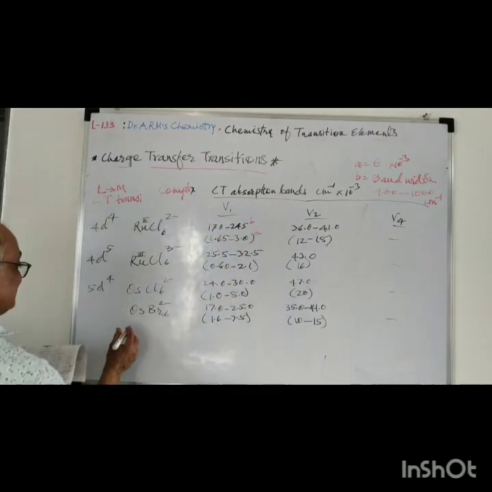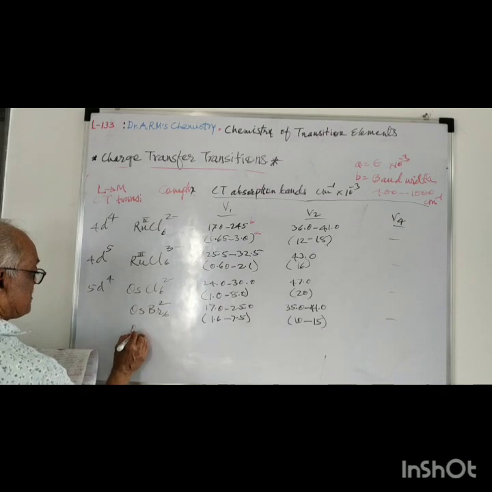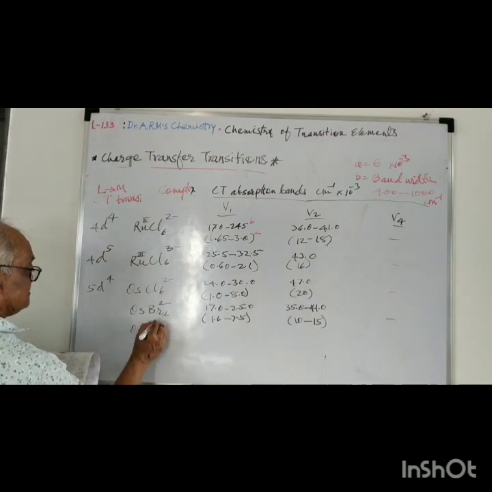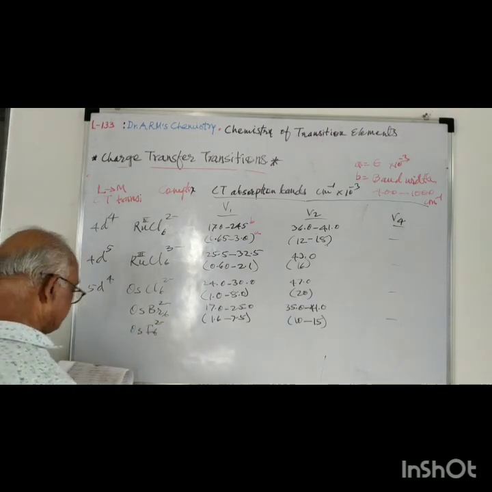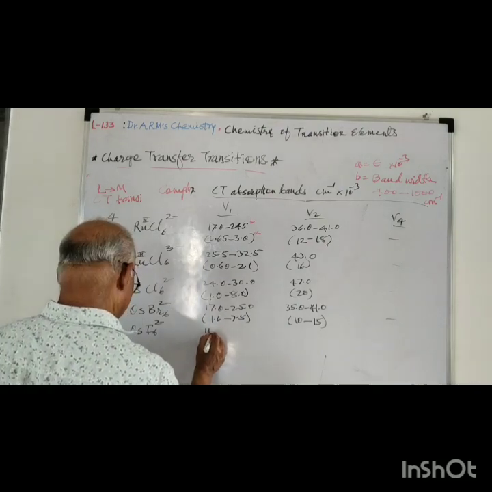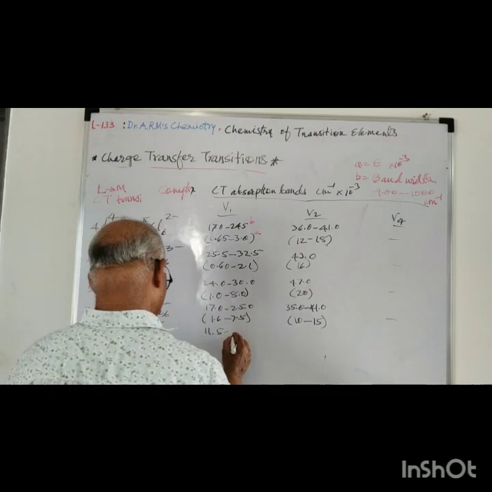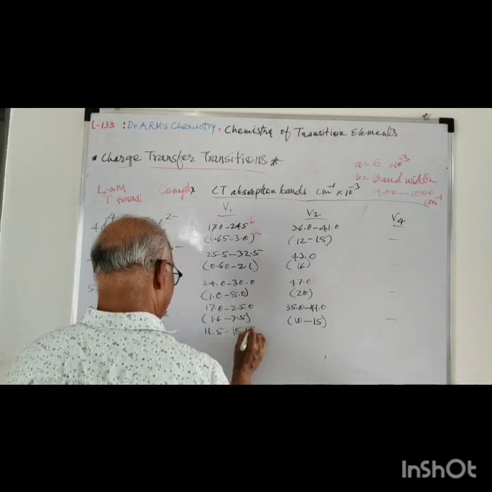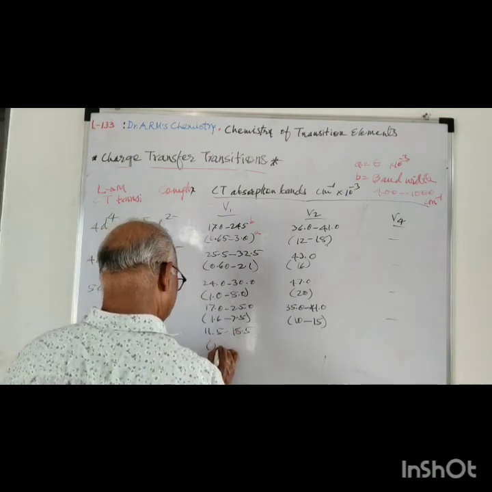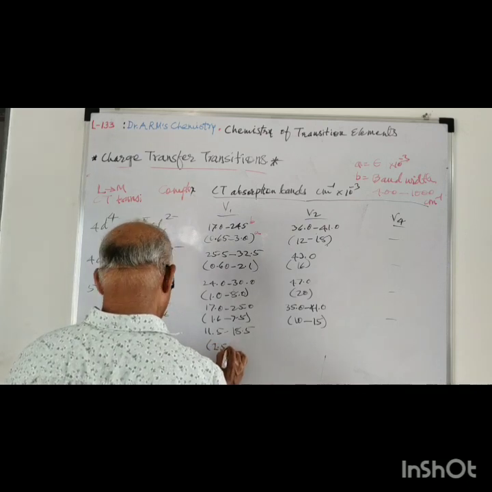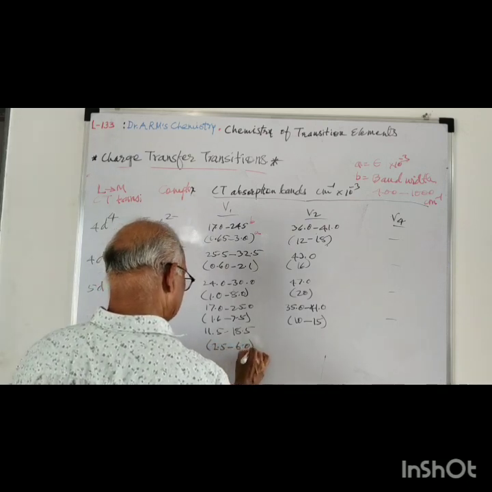Then for this third example of osmium, OsI6 2-, we have the values 11.5 to 18.5 and 2.5 to 6.0.